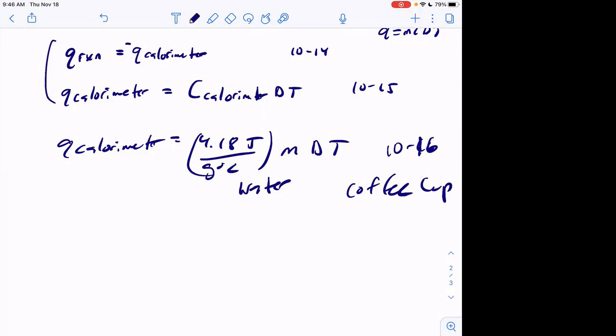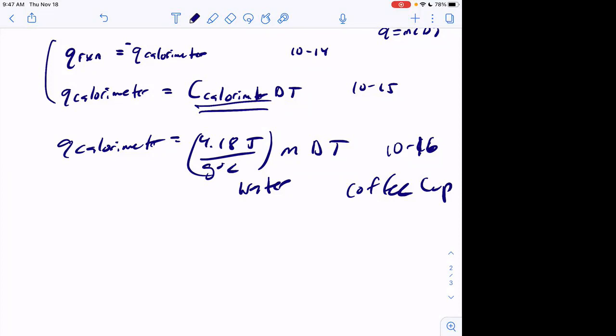I've got the material that this thing's made out of. So what you do is you have a C-cal, this right here, that represents the entire calorimeter. And that's why we have that thing mixing there, because we need to make sure the thermal distribution is the same and everything's the same temperature.